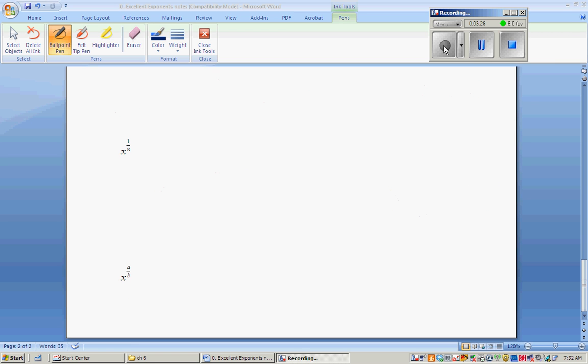And now for some very, very new information. This is where it stops being a review. X to the 1 over n just means that you're going to have some sort of a root, a square root, a cube root, a 10th root, who knows. What this really means is x to the 1, that's what that little 1 on the top is, and the n is out here.